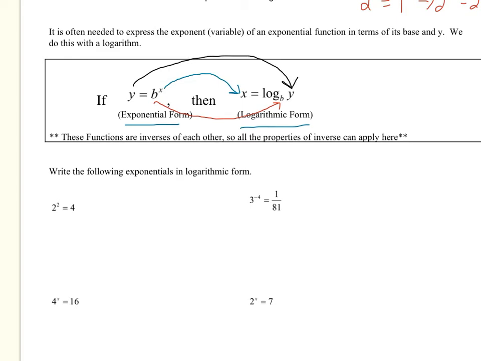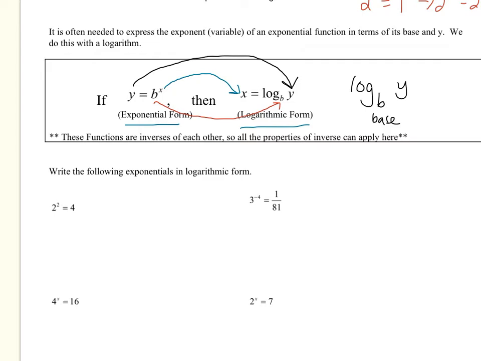So you can change these things to different forms by just putting them in different positions. The logarithm will always have a number down here, which we call the base, of some value, in this case y. So this is log base b of y, is how we would read that. These are inverse functions, so all those cool properties we knew before still apply.